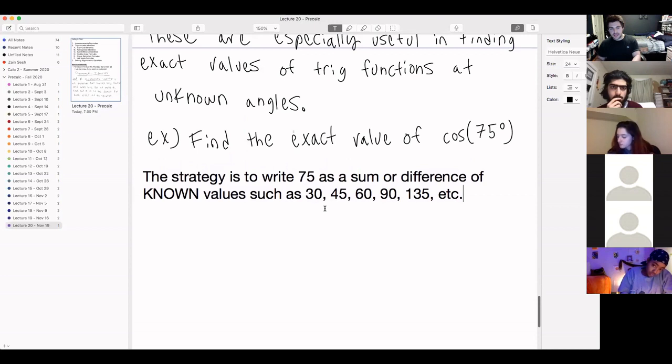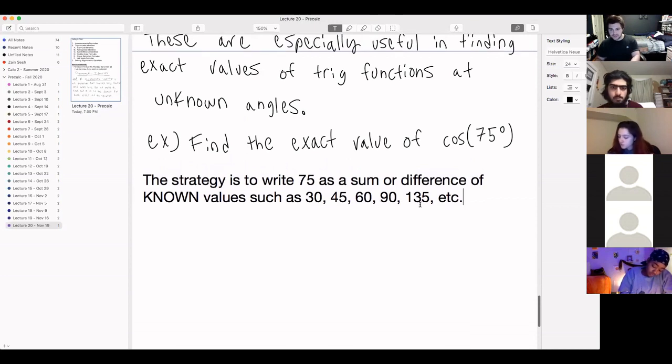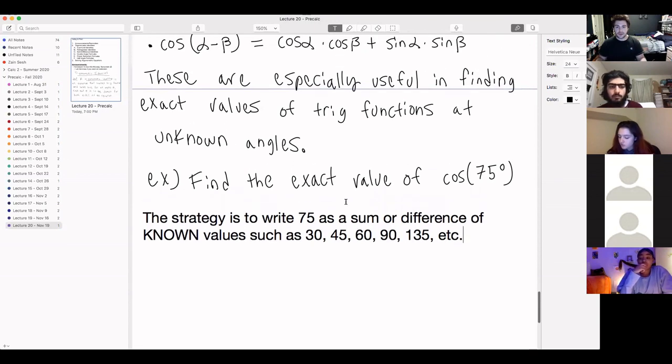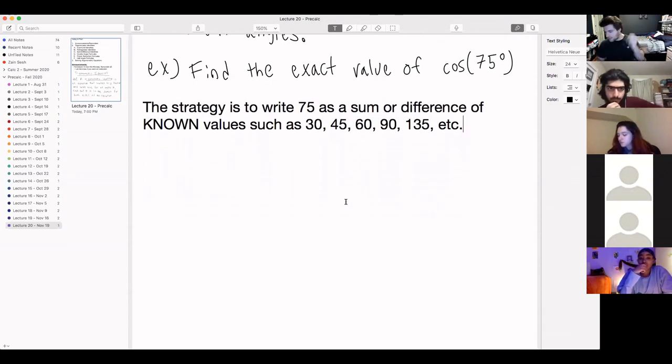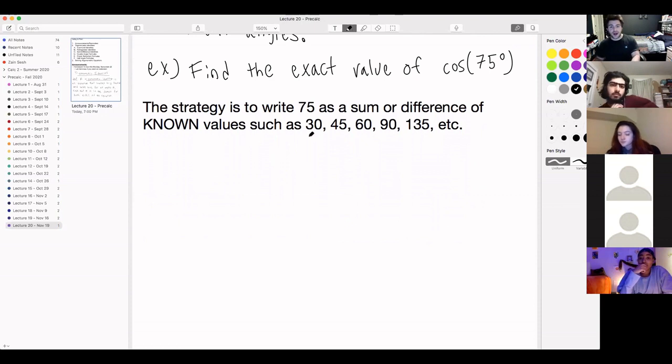Well, because we have values for these guys, these 30s, 45s, 60, 90, 135. So we need to think now, how can I write 75 as a sum of these pieces here?